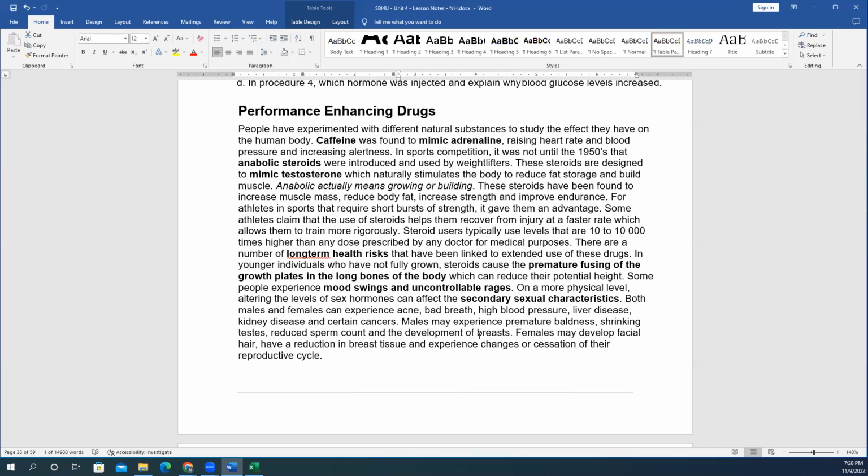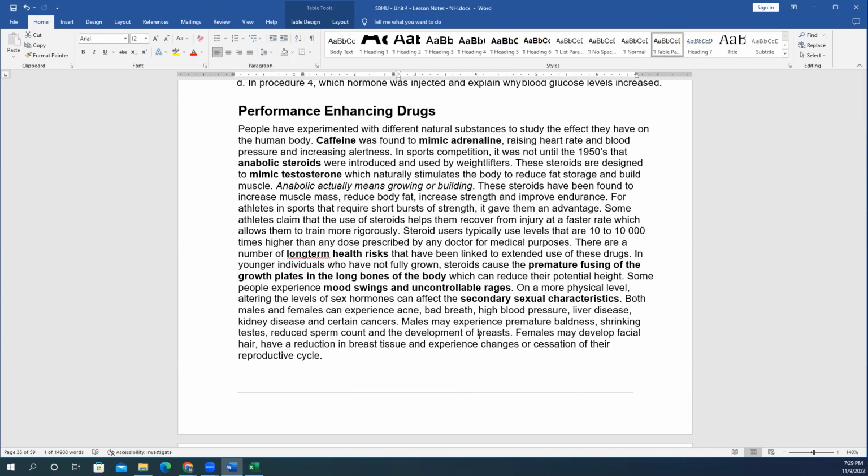But also in sports competition, in the 50s, anabolic steroids were introduced and used by weightlifters. And these anabolic steroids do a good job of mimicking the hormone testosterone, and testosterone naturally stimulates the body to have reduced fat storage and to build muscles.